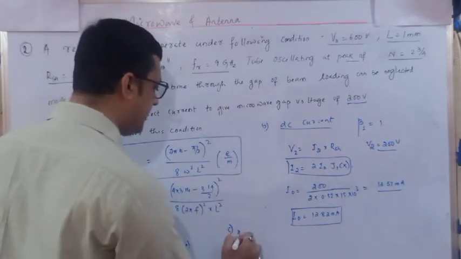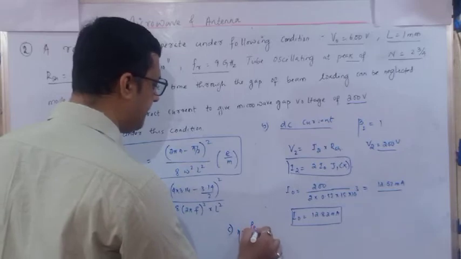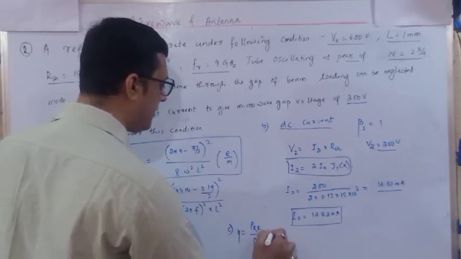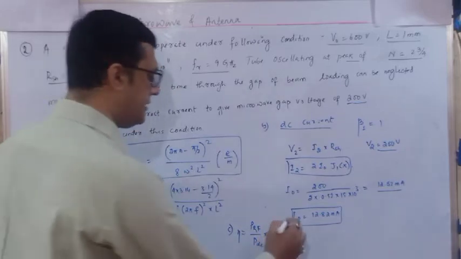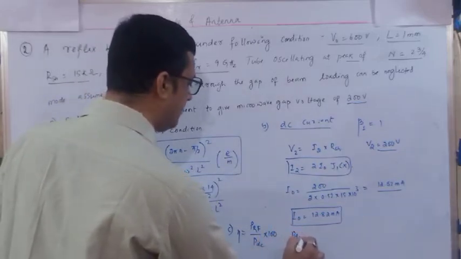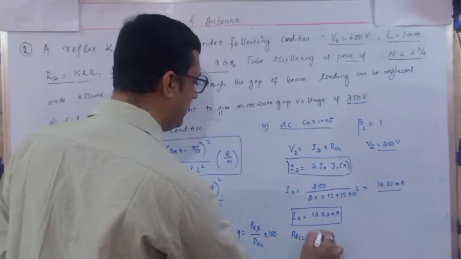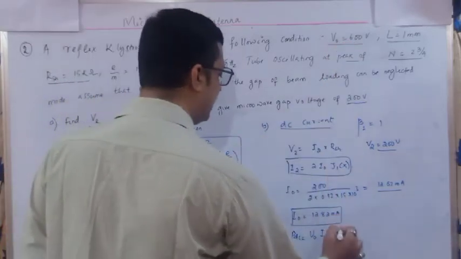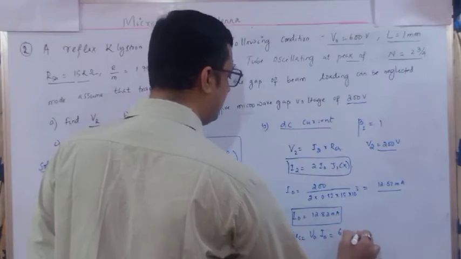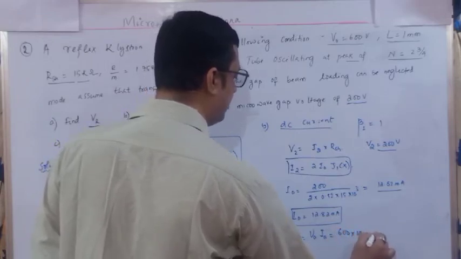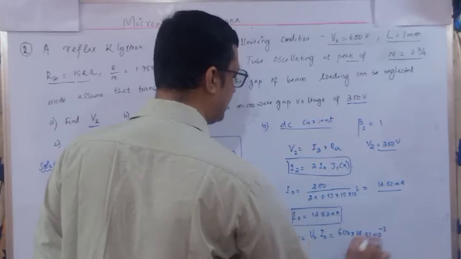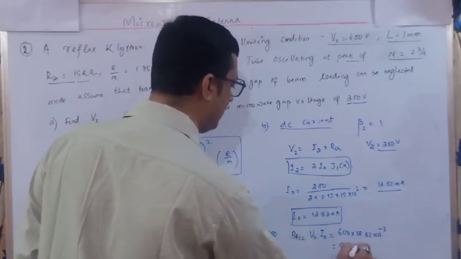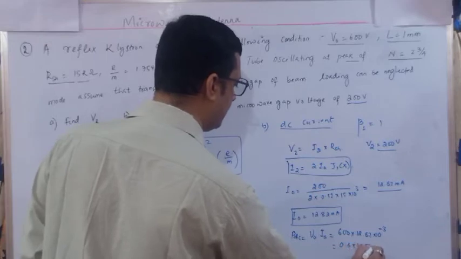Efficiency, simple as it is, is PRF divided by PDC into 100. For this, PDC is equal to how much? DC beam voltage into DC beam current. DC beam voltage is 600, into 12.82 into 10 to the power minus 3. So here it will be 0.6 into 12.82.